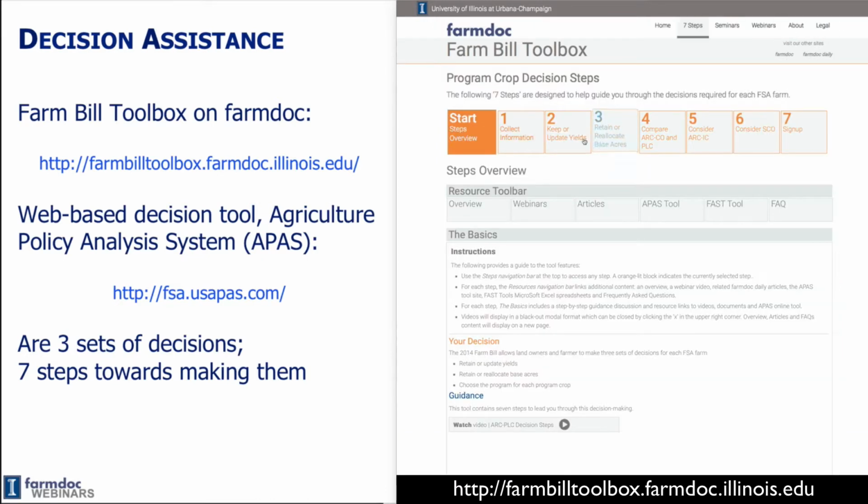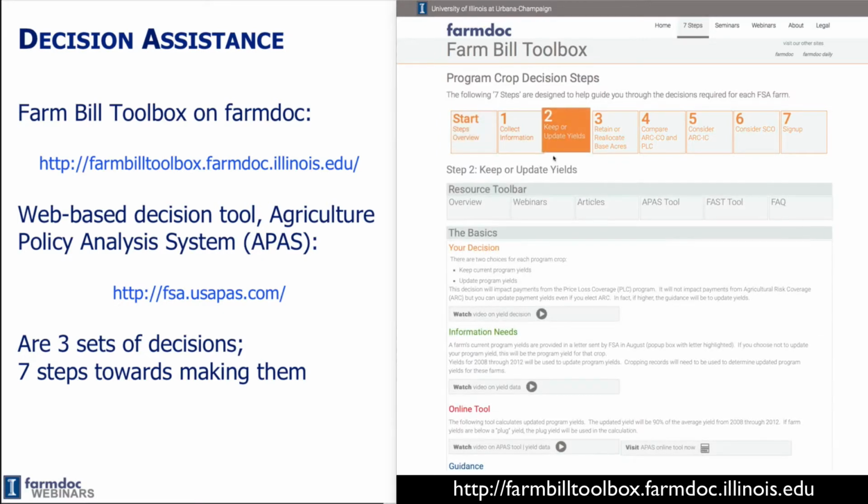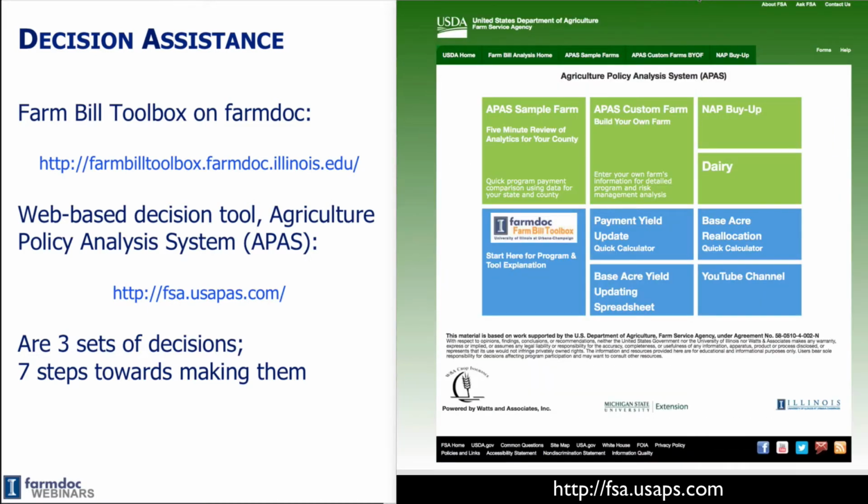It divides the process up into 7 steps. For any of those 7 steps, we give you an overview. You can click on an overview, look at a webinar, look at some farmdoc daily articles, a link to our APAS tool, and a link to our FAST tools, and we also have some frequently asked questions. The other one is the APAS tool, and we will be going over that as we're moving through this system.